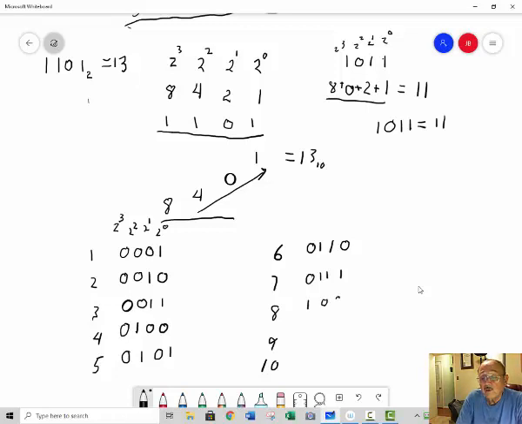What's the 8? Well, it's going to be the 8 and nothing else. What's 9? Well, it's going to be 8 plus a 1. What's 10? Well, it's going to be 8 plus 2.